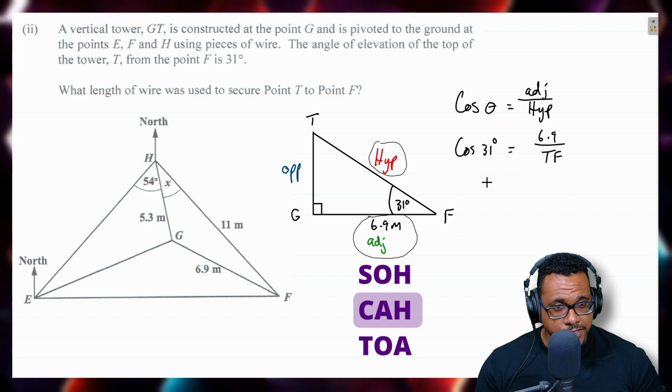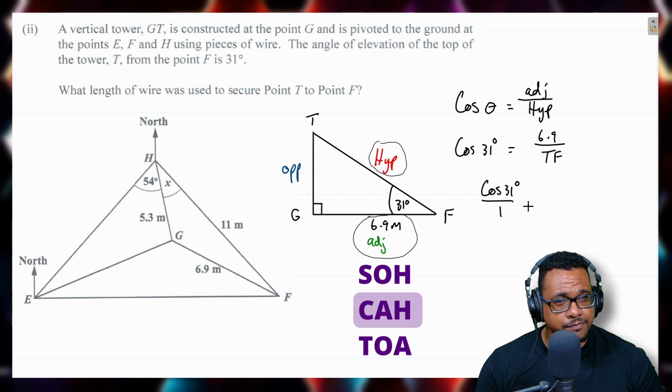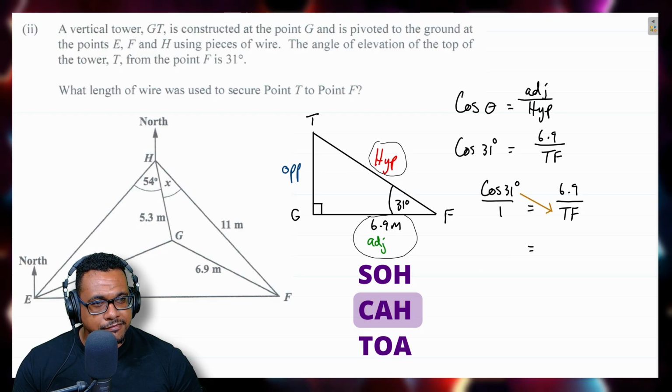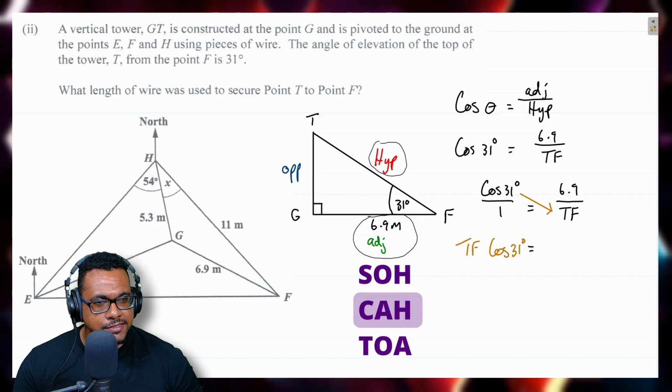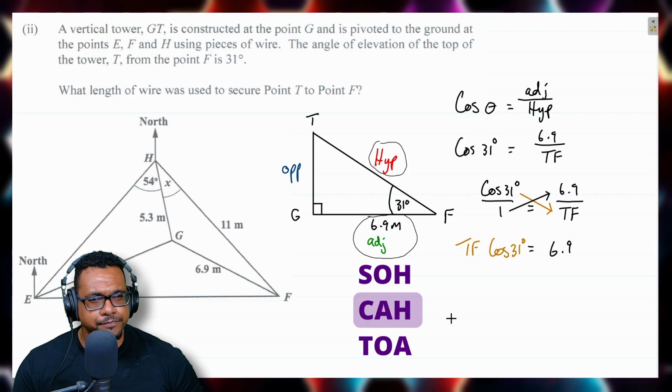So we want to cross multiply here. You're going to put cosine 31 degrees over 1 is equal to 6.9 over TF. So multiplying cosine 31 by TF, we're going to get TF cosine 31 degrees, and 1 by 6.9 will just give us back 6.9.